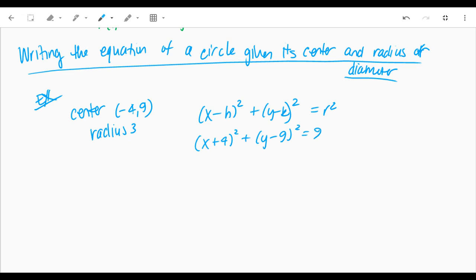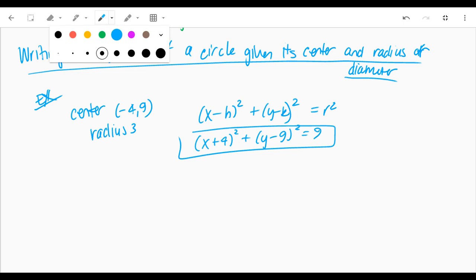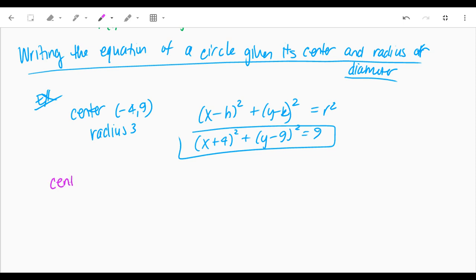Can do another one? We got another one where the center is at -7, 5, and the radius is 9. So we'll have x plus 7 squared plus y minus 5 squared equals 9 squared, which is 81. Real straightforward. You guys should be good with those.